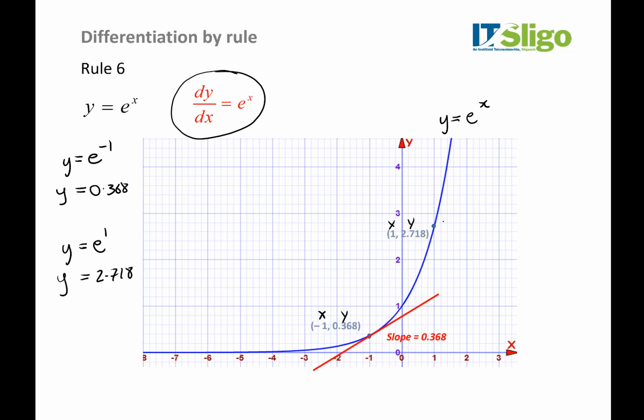And at this point, the slope of the function is 2.718. So the exponential function is the only function whose derivative is itself. So in other words, the output, the y value, is the same as the slope.